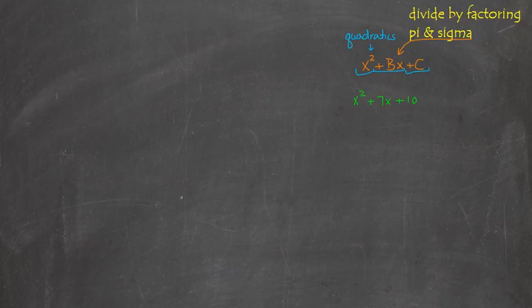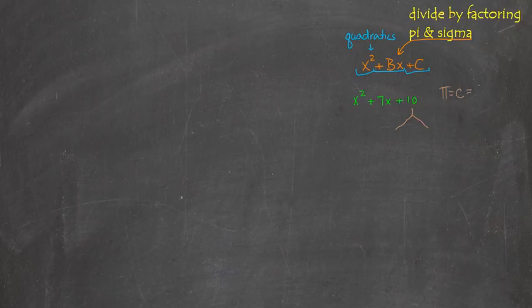So the pi and sigma method refers to a practice of figuring out two numbers that multiply to give you this number 10, which is in the c position, and the same two numbers that add to give you 7. Multiply is product. We use the Greek letter pi. It's a capital pi, not the 3.14 pi. The Greek letter pi stands for product, and you're going to use whatever number is in place of c.